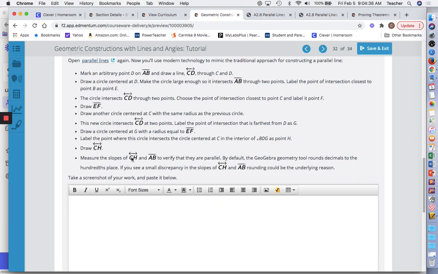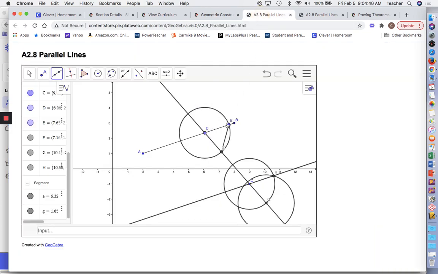Well, they look to be parallel. I'm not sure if they are. So I'm going to click on slope, AB, and CH. And they are, look at that, 0.33, 0.33.